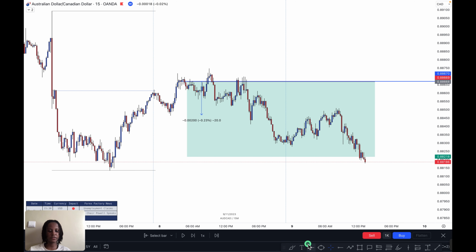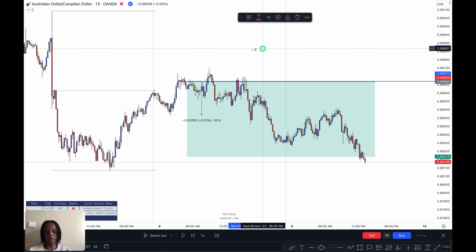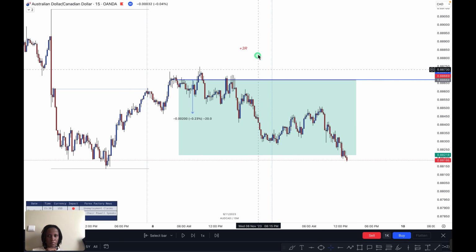So it means this trade here is plus 3R, which is take profit. This trade hit take profit.